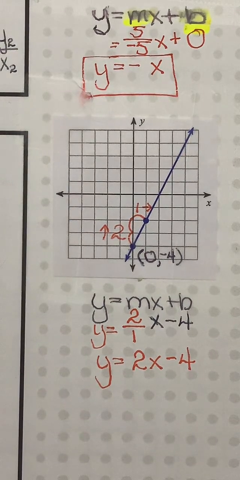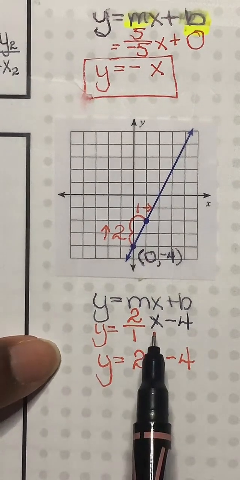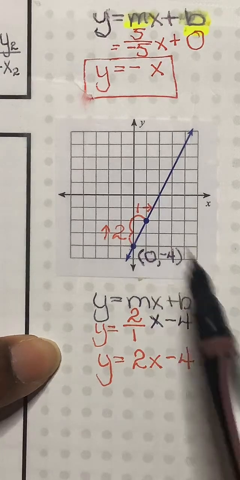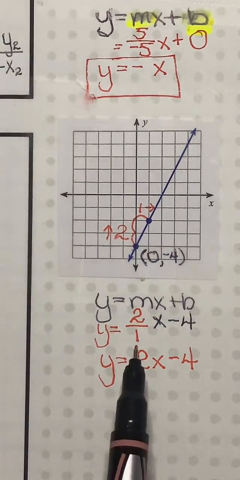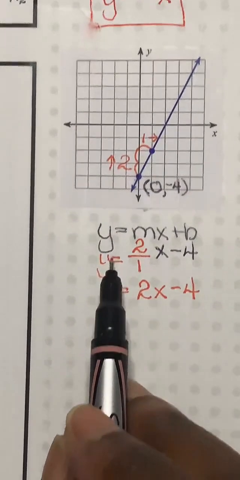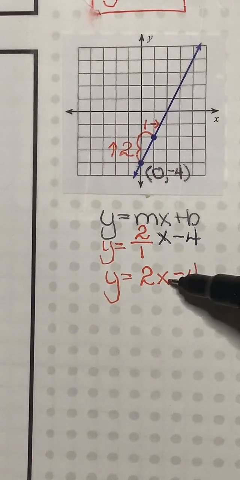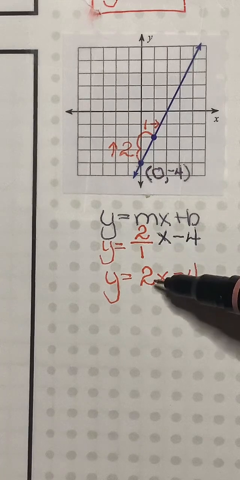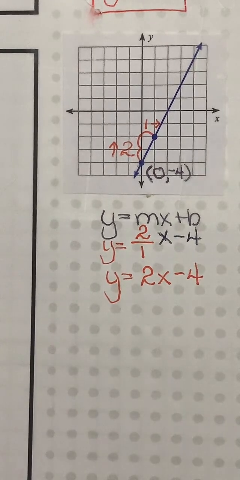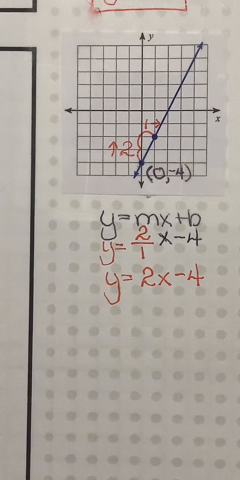Okay, so for those that said, it has to be your rise over your run. Okay, so it's not going to be 1/2. It's actually going to be 2. Plus 2 divided by 1 gives me 2. All right, good.